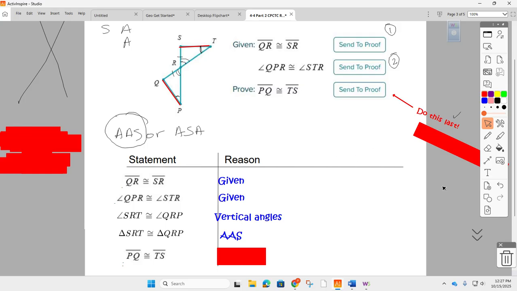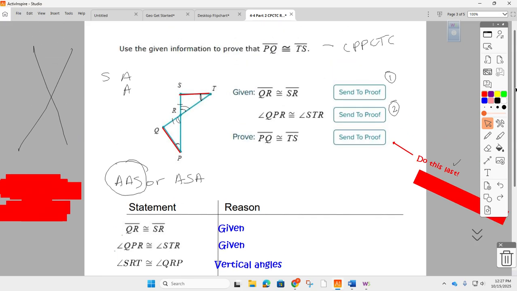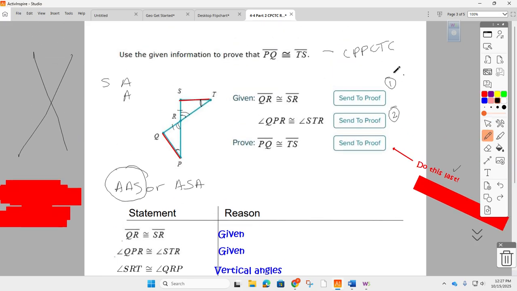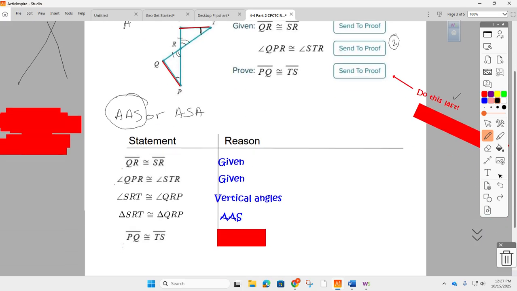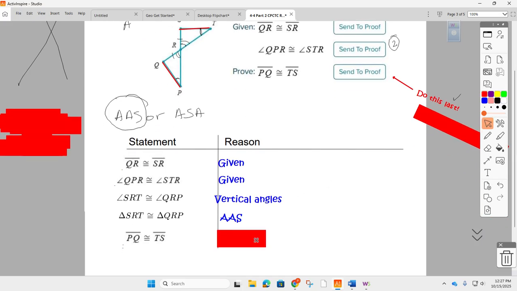What's the reason we're going to use? CPCTC. Corresponding parts of congruent triangles are congruent. Once we know that those three parts are congruent, now we know that the whole triangle is congruent to the whole triangle. So all sides are congruent to all sides. All angles are congruent to the corresponding angle.